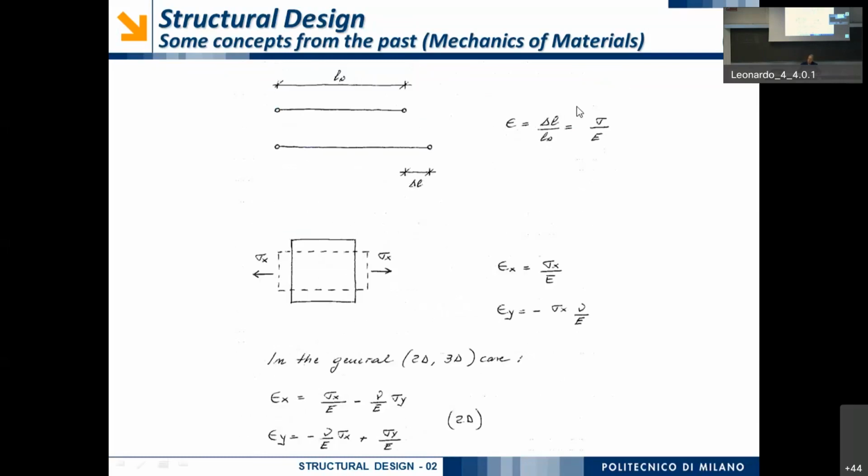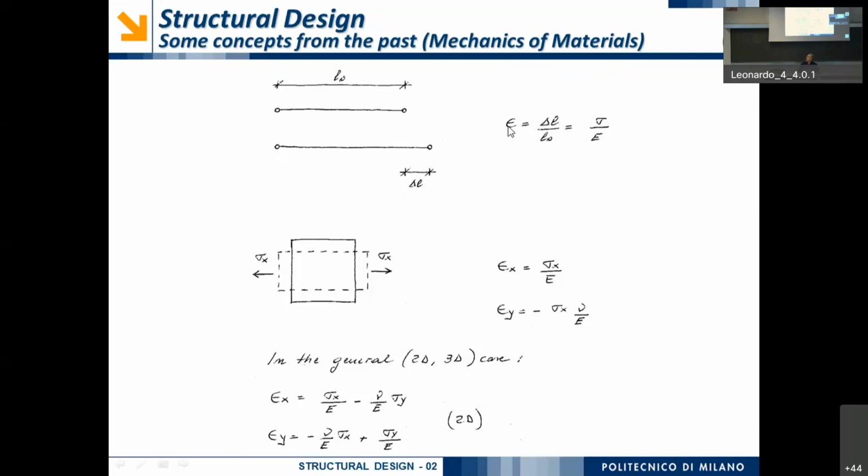So, generally, since when we are dealing with an elastic element there is a direct correlation between the force and the deflection, there is also a direct correlation between the local stress sigma and the local strain epsilon, okay?